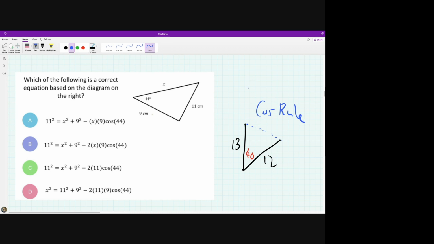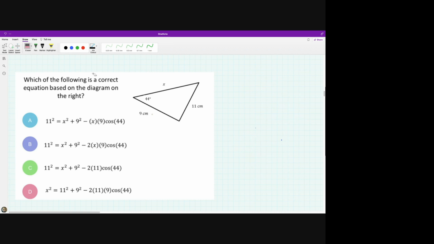But if I'm given another combination of information, say this is 80, this is 12, and this is 30, and I want to know what that side is, then using the sine rule would be a better option. So it's almost like we're learning the correct tools for different situations today. I hope that helped a little bit.